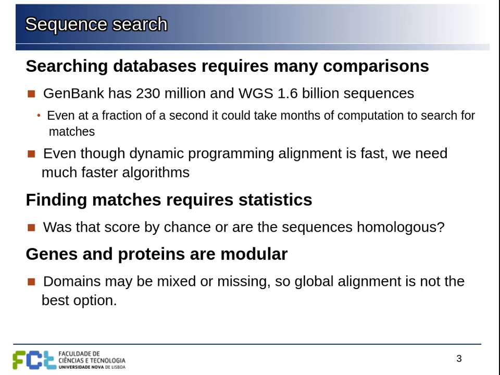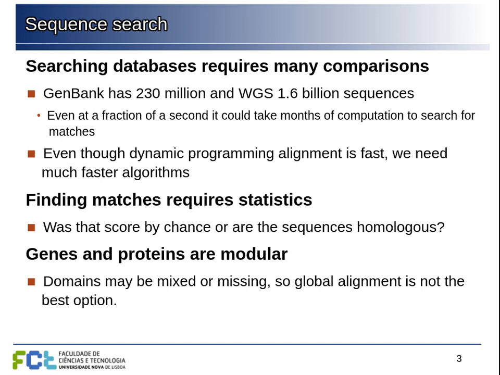Also, in the case of alignment, we can either use global alignment or local alignment depending on what we want to find. If we want to find the best matching subsequences, we would use local alignment. If we want to match the whole sequences, then we use global alignment. But in the case of sequence search, global alignment is not a good option because often we can find good homologies in other sequences, but only in parts of the sequences.